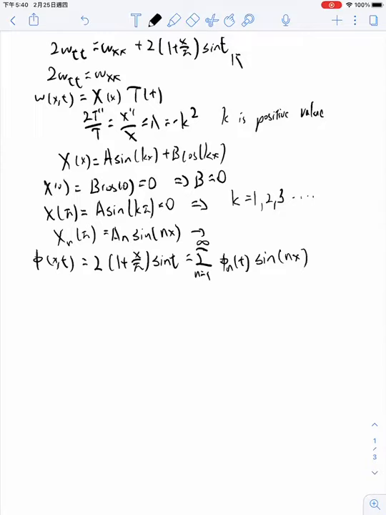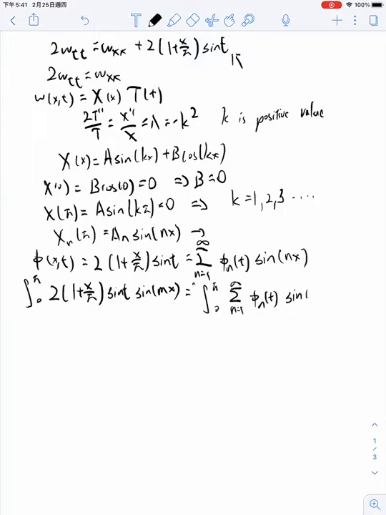And then we multiply both sides by sine mx here. On the right hand side, you can apply the orthogonality of the eigenfunctions, that this part is equal to pi over 2 if m is equal to n, and 0 for m not equal to n.